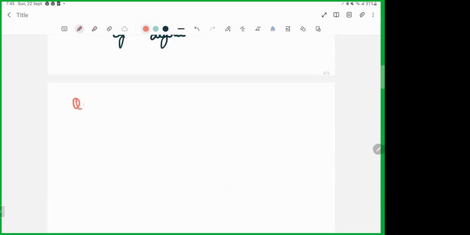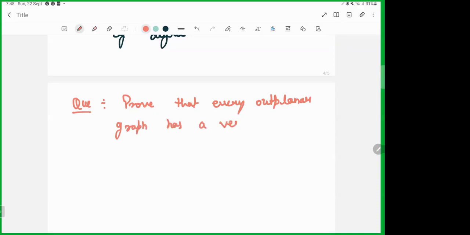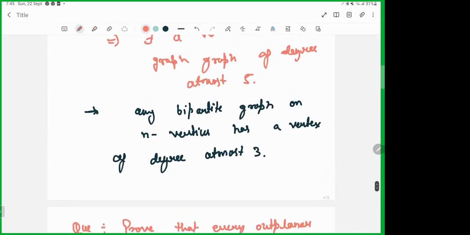Question: prove that every outerplanar graph has a vertex of degree at most 2. Do I need to write the proof of this statement?